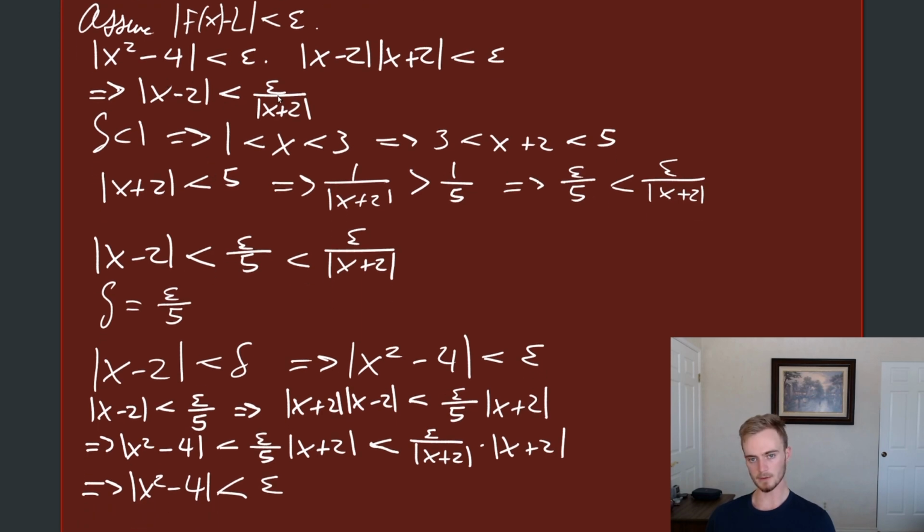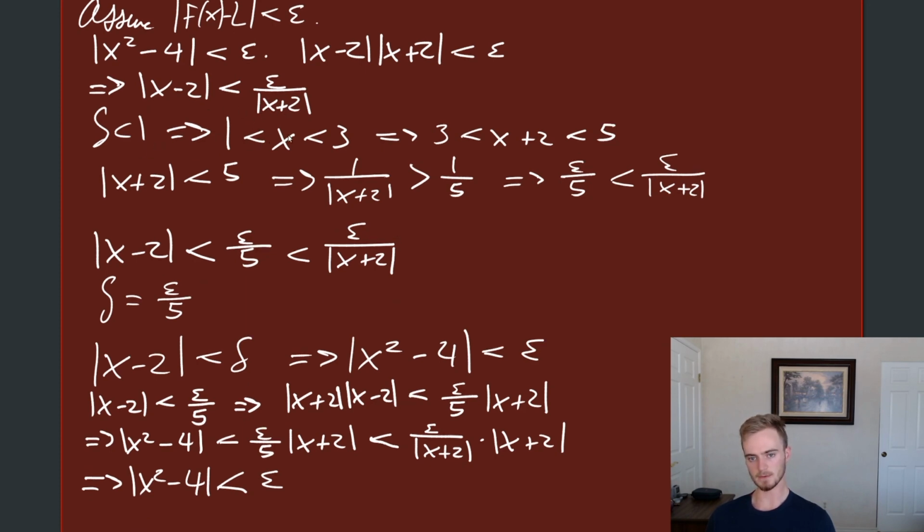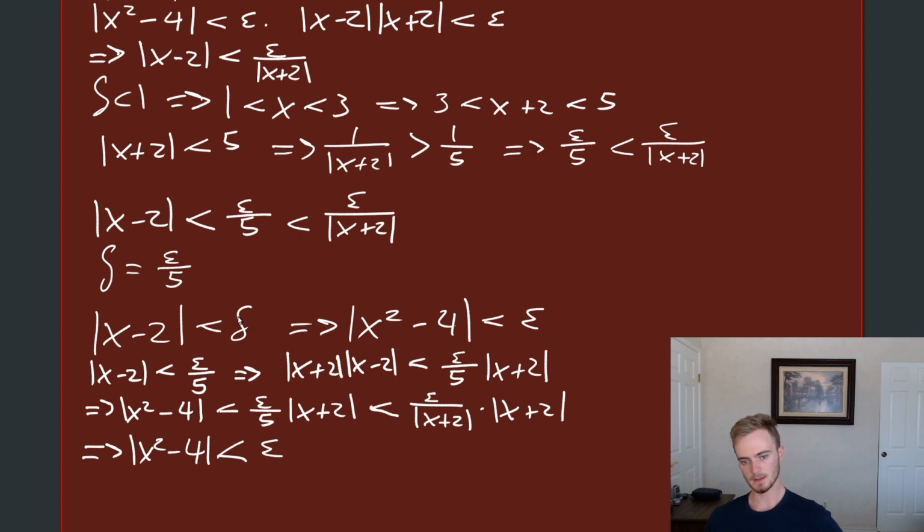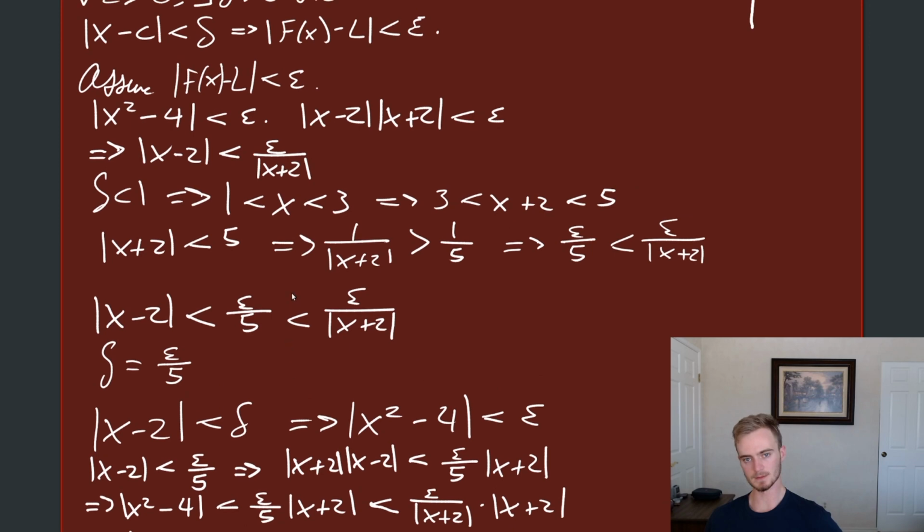We tried to solve for delta, but we just got x in terms of x. So the next step we did was make a simplifying assumption. We assumed delta to be less than 1, and then we figured out a suitable delta. We took that delta and then worked forwards. We solved for the implication and we found out that delta worked after all.